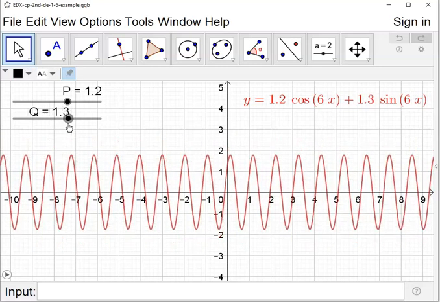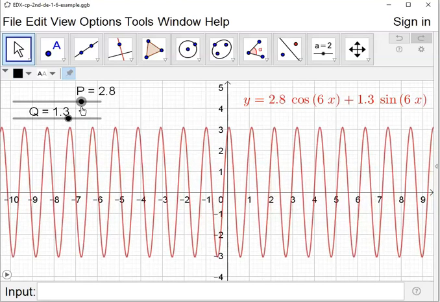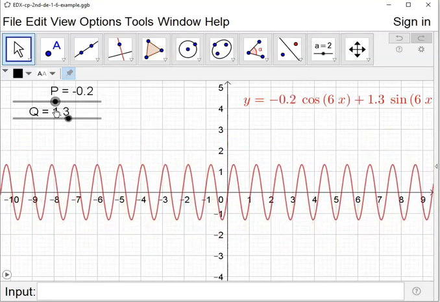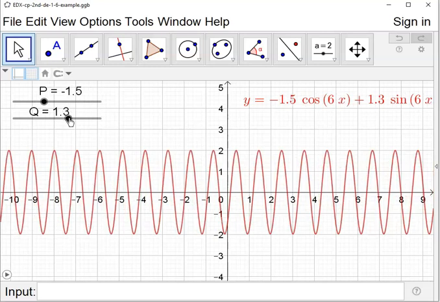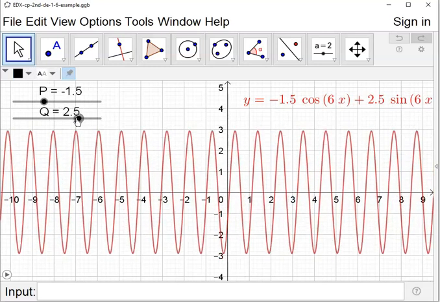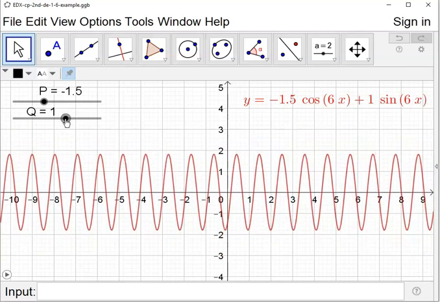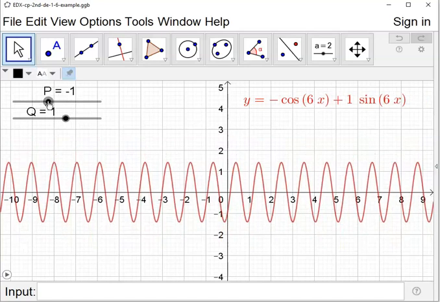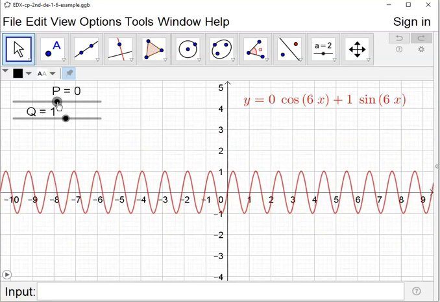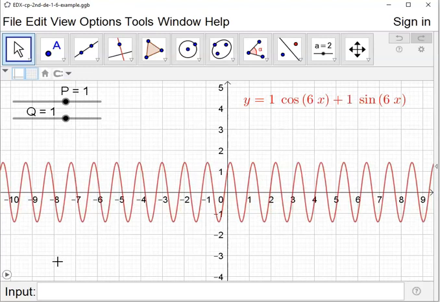So it's not symmetrical about the y-axis, and it's not going through the origin. We can make this curve move around and change its amplitude depending on p and q. So if I finish off with p is 1, q is 1, that's what the solution would look like. That's y equals cos 6x plus sine 6x.